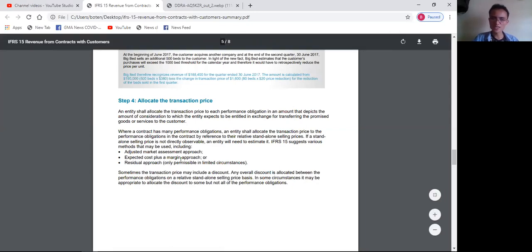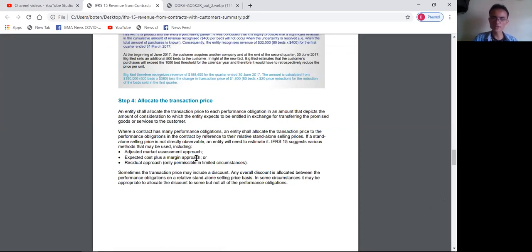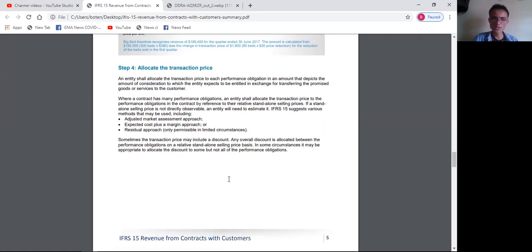And finally, which is not really allowed, almost abandoned under the new revenue recognition model, but allowed only in very limited circumstances, is the residual approach. Sometimes the price may include a discount, and this discount is allocated between the performance obligations on a relative standalone selling price basis.